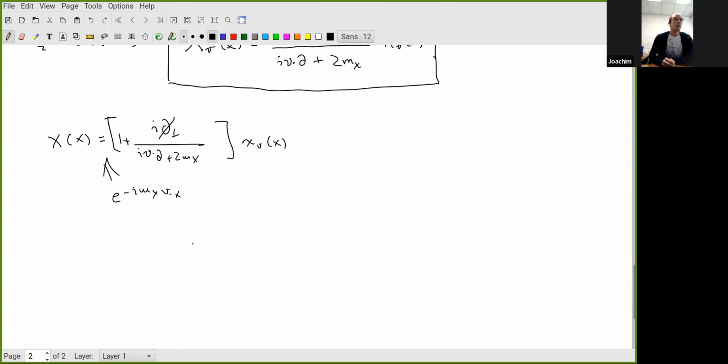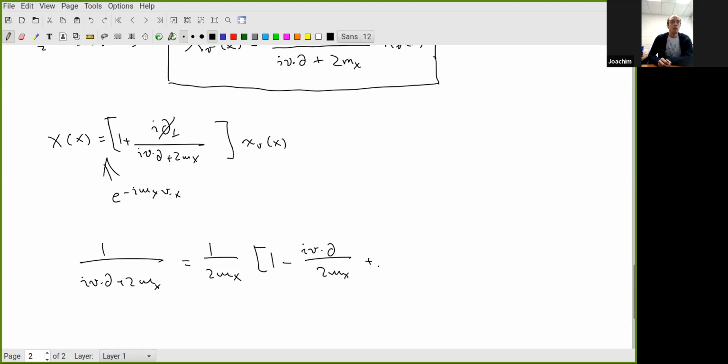Okay, and you should think of these inverse derivatives as a Taylor series essentially. So you should write 1 over i v dot d plus 2m chi equals 1 over 2m chi, and then a series that starts with 1 and then higher terms that we will usually neglect: i v dot d divided by 2m chi, plus and so on.